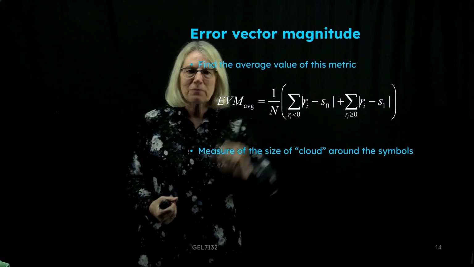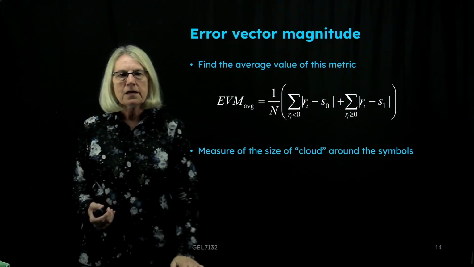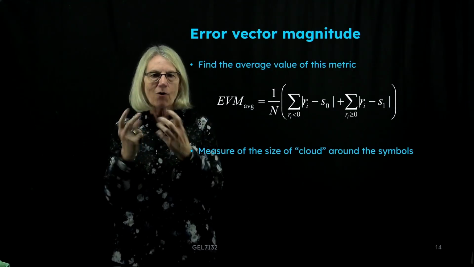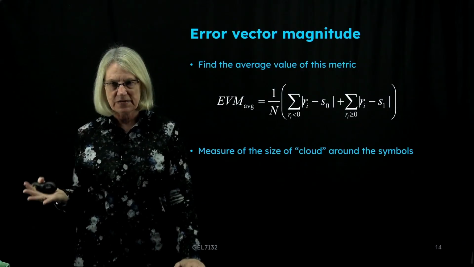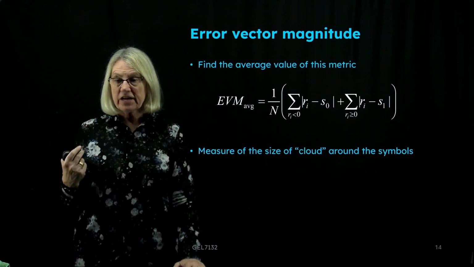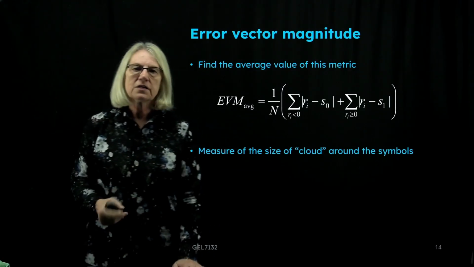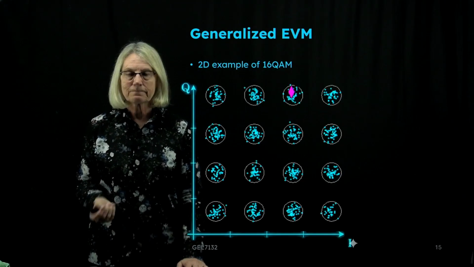So I can measure both, and then I take the average over all the numbers there. So it's sort of a measure of how big is this cloud which is around the transmitted bits, the transmitted symbols. So it's a very intuitive metric. You know, we could see where this would be a useful measure to quantify the quality of our signal.